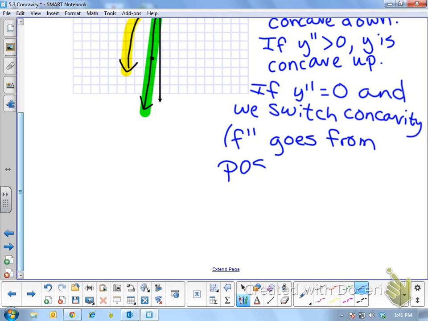Because it's possible to still have a critical point and not switch concavity. I'll show you an example of that in a second.